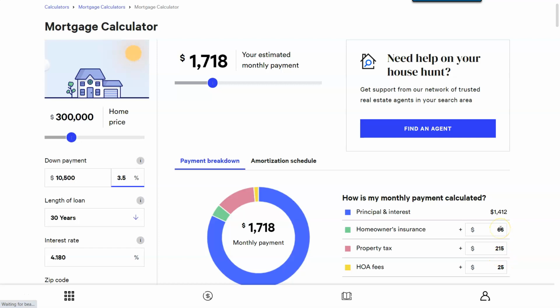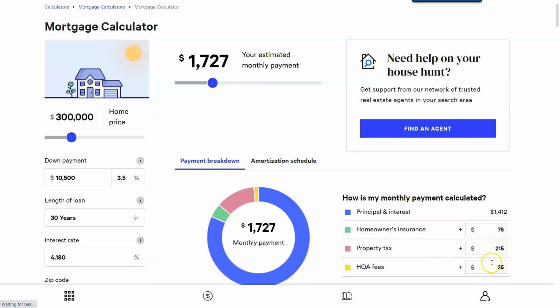Also left the homeowner's insurance at that rate. Now, personally, I don't think there's any way that a $300,000 home is going to have that low amount of homeowner's insurance. So let's say we make that $75 a month. And that makes our payment just a few dollars more. I'll leave the property tax.